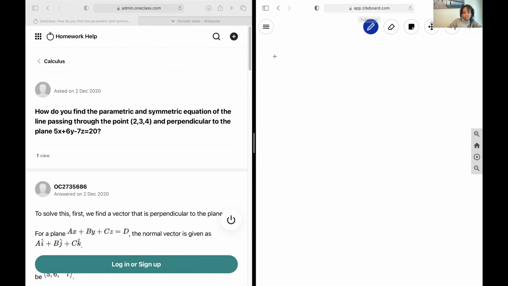There are many ways that we can get the equation of a line. The first option is you could have a point and a normal vector. You could have two linearly independent vectors.